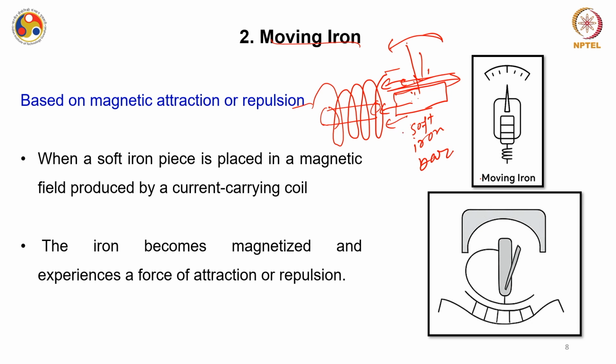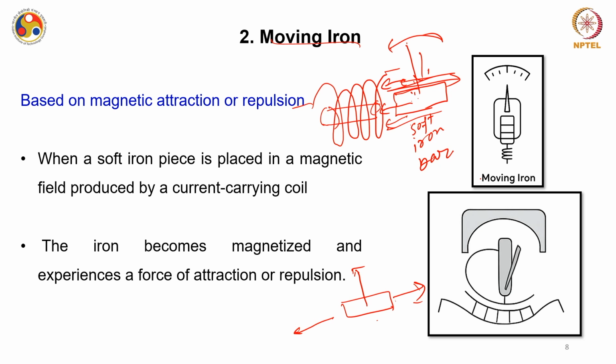Say if it is attracting, this bar is going this side, so I am drawing it over here. When this is attracting, the bar goes to this side, which means your pointer will have a deflection, and when the bar is repulsed, the movement will be towards this side and will be the opposite movement.